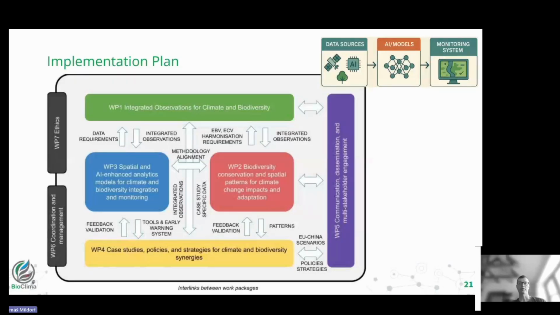So we started with work package 1, mainly integrating all the Earth observation data. And now we are also working on mainly work package 3 and 4, 2 and 3. And 4 is the use cases, local, but also international or pan-European global use cases.